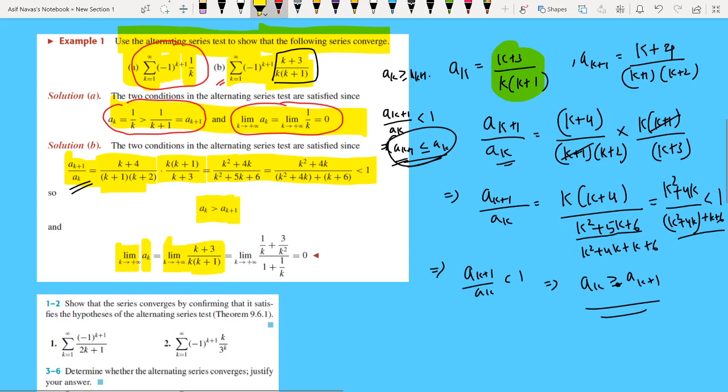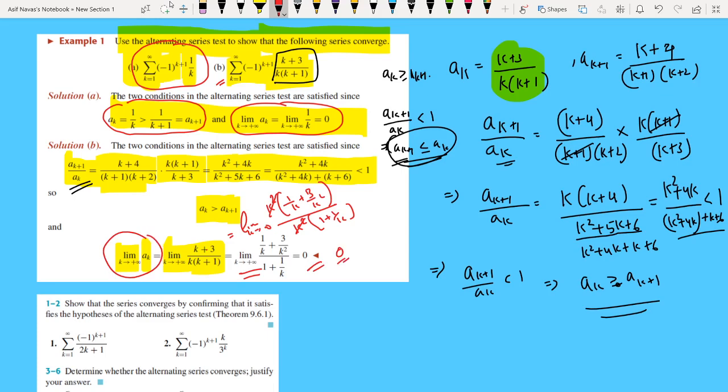Now I take k square outside in the numerator, so 1 by k plus 3 by k square, and from the denominator also k square outside, so 1 plus 1 by k. As k tends to infinity, this is equal to 0. So limit ak is equal to 0 and ak greater than ak plus 1.